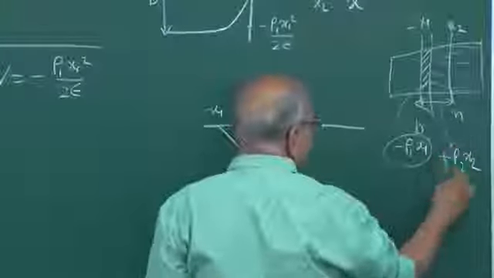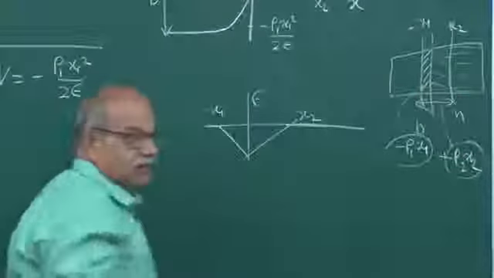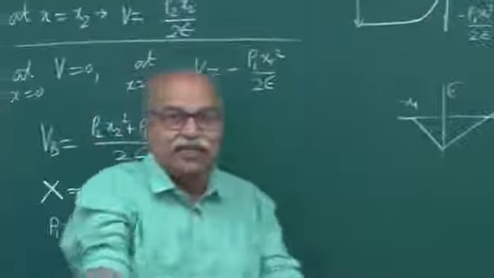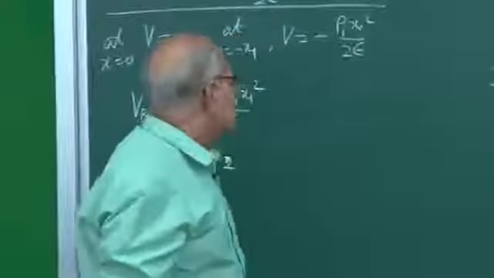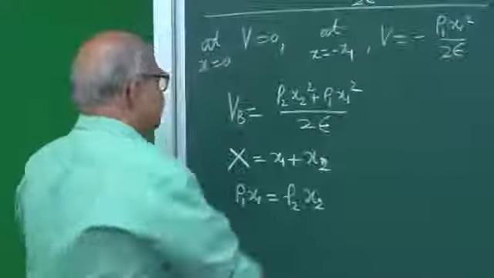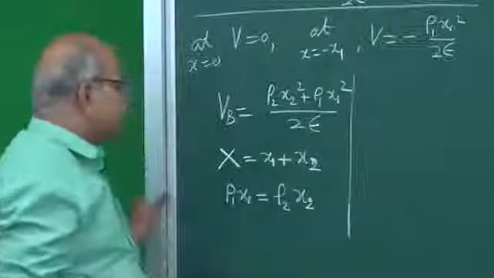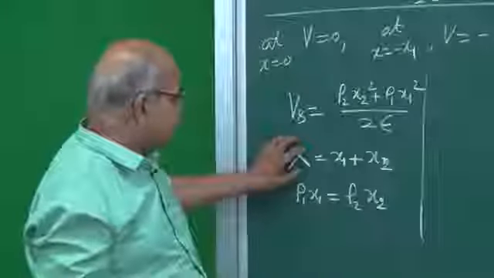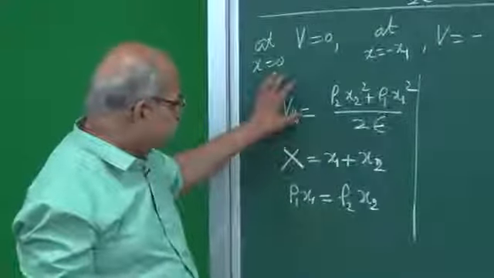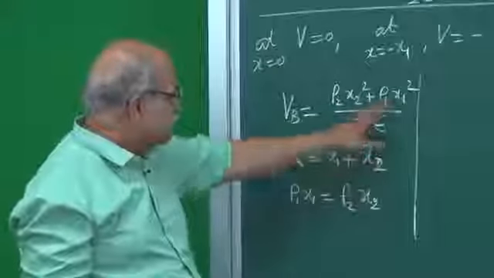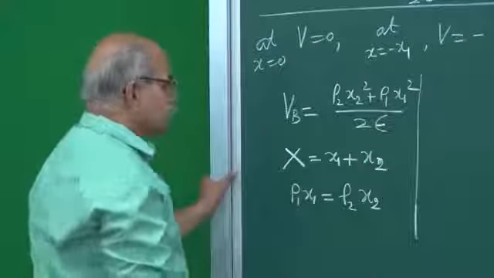And since this total should be 0, after all we have not put any charge in this material, so this relation holds. From these we can write capital X in terms of VB, rho 1, rho 2, eliminating x1 and x2.